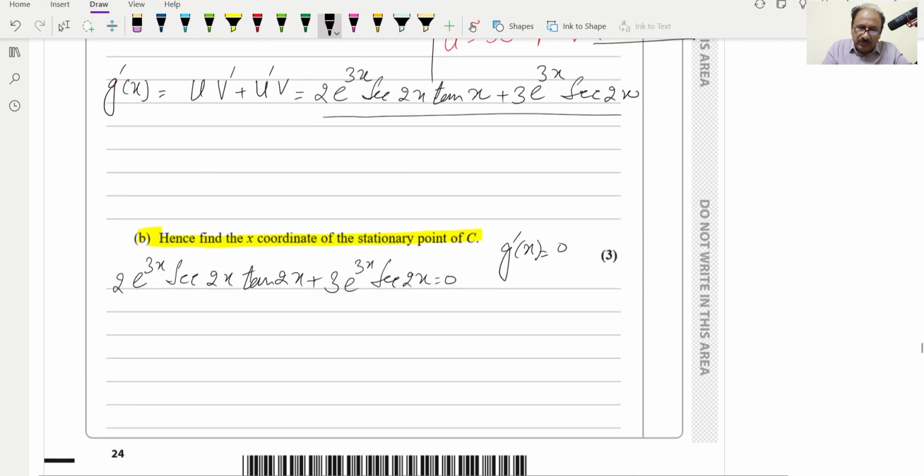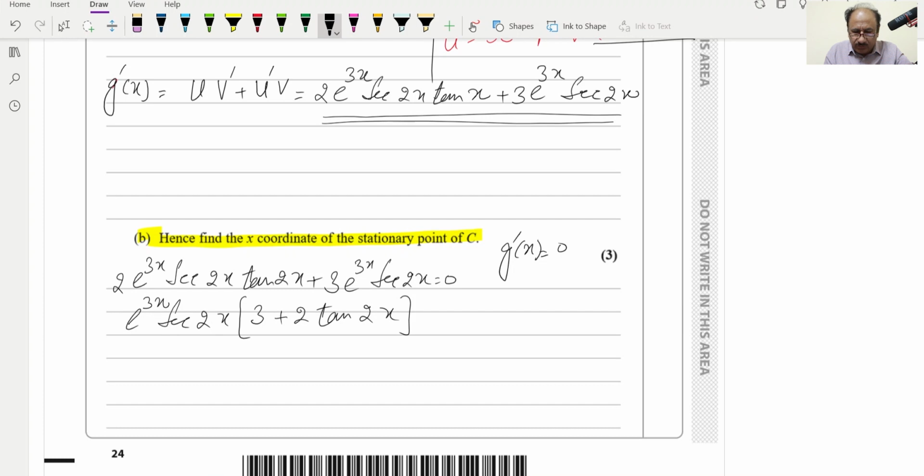We can take e raised to the power 3x and secant 2x common, and inside remains 3 plus 2 tan 2x, which is equal to 0.